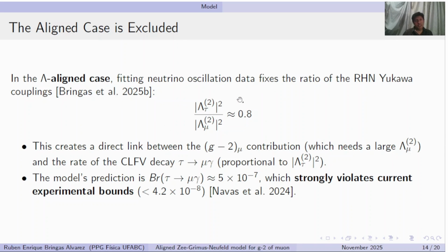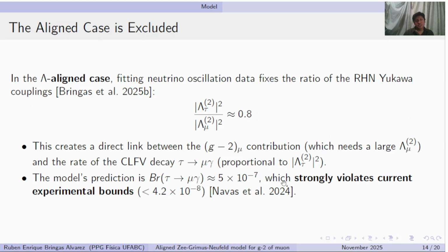We have this relation, coming from the neutrino mass matrix. When we adjust the PMNS matrix, we get this relation. The problem is that in the alignment case, when we calculate, for example, the branching ratio of tau to mu gamma, it's approximately 5 times 10 to the minus 7.